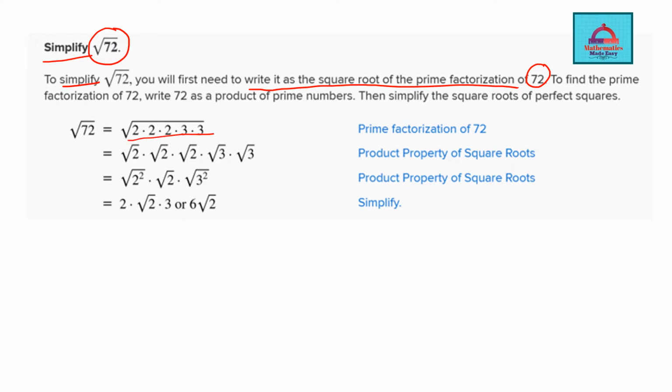When you simplify and write it as a product of prime numbers, the final answer is going to be 6 square root of 2. This is the way it is given in your book, but you can skip these two steps and make it easier by following the method which I showed you in the last slide. That will save a lot of time and effort on your side, and give you your answer in less time.